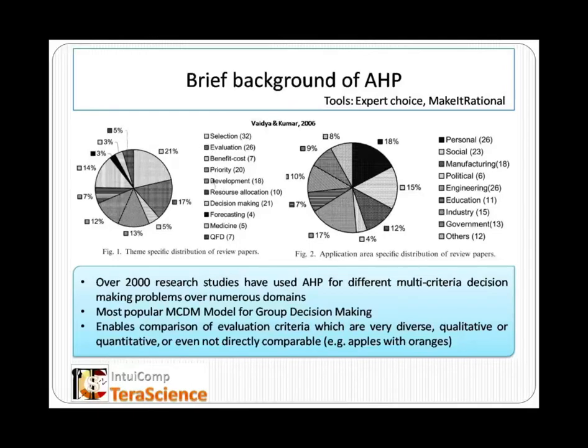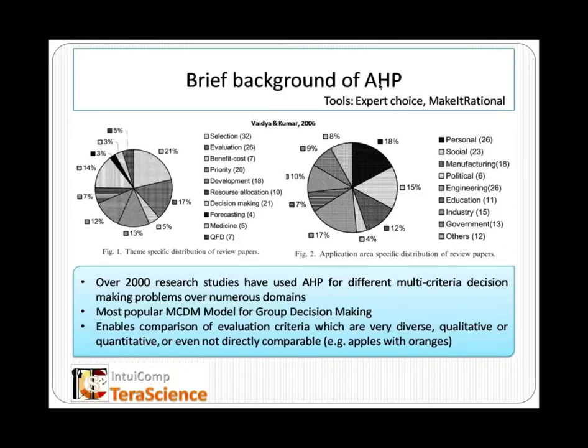So AHP has all of these applications when we are looking at the themes. And every theme can pertain to a particular area. For example, if I'm talking about manufacturing, approximately 18% of the 2,000 review papers are related to manufacturing in AHP.